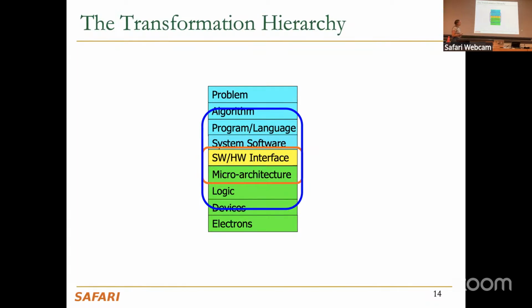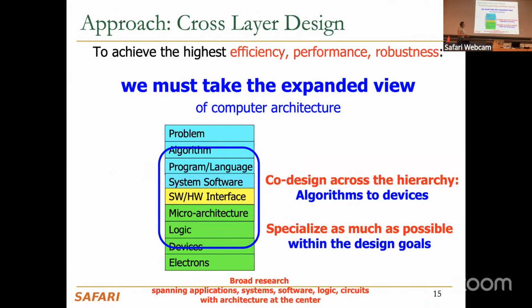So, for example, we could have an algorithm and we can optimize and customize the underlying hardware with extra logic to make sure that this is optimally executed. Therefore, across this whole course, you're going to see papers that really promote the co-design across this hierarchy from algorithms to devices. And we specialize as much as possible depending on the design goals we have each time.